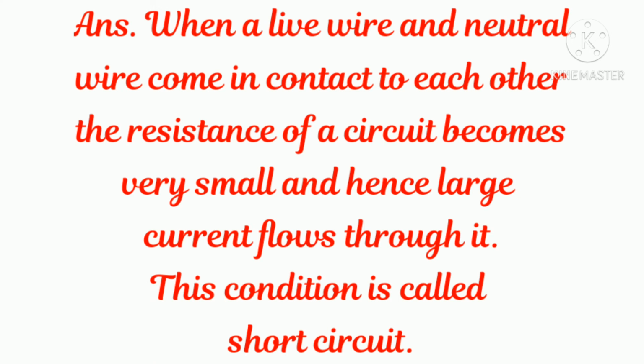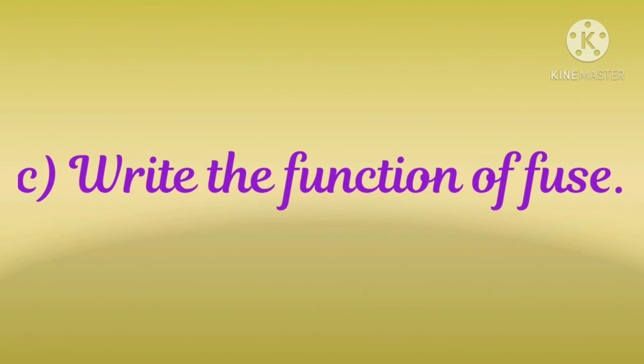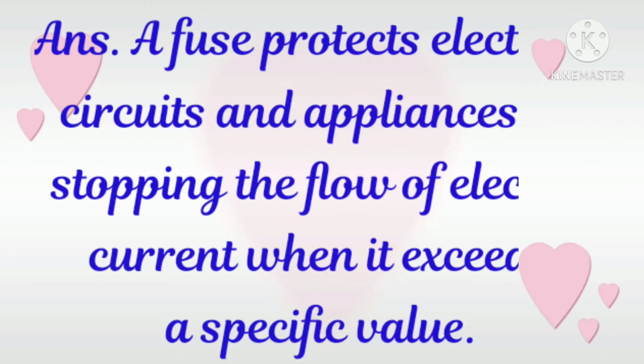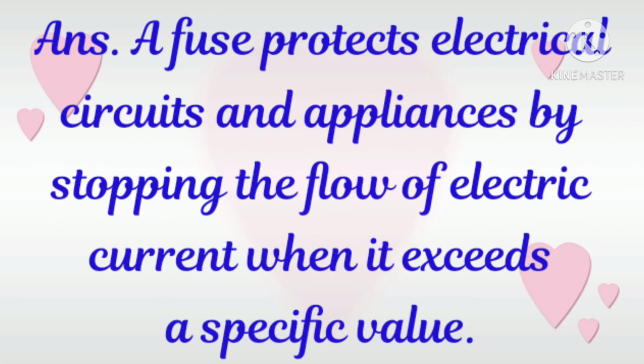This condition is called short circuit. C. Write the function of fuse. Answer is a fuse protects electrical circuits and appliances by stopping the flow of electric current when it exceeds a specific value.